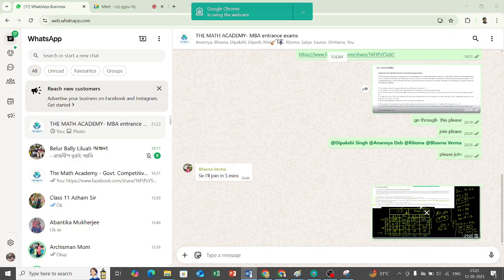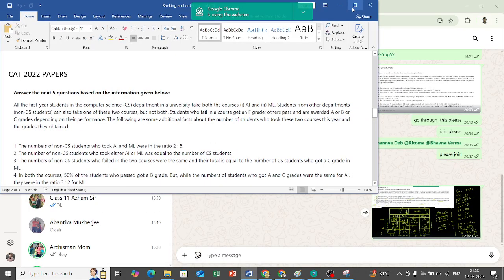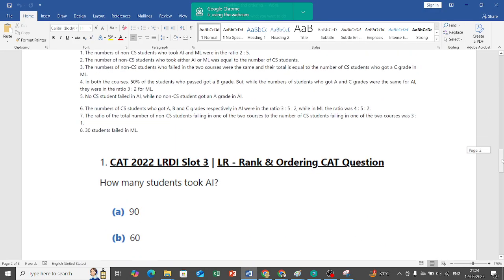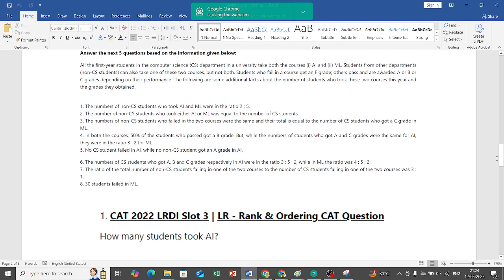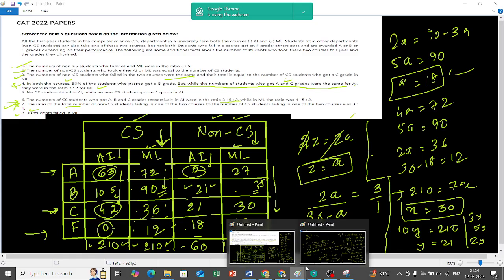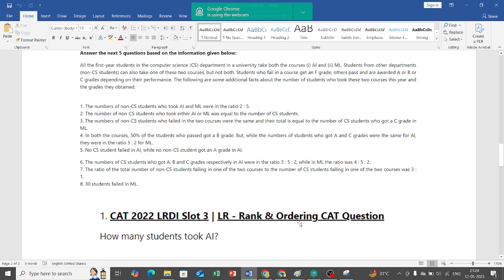Now we will come to the questions. Please tell me, how many students took AI? What will be the answer for 1? See the table, please find out.